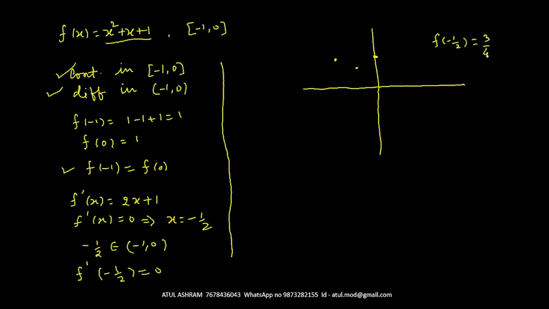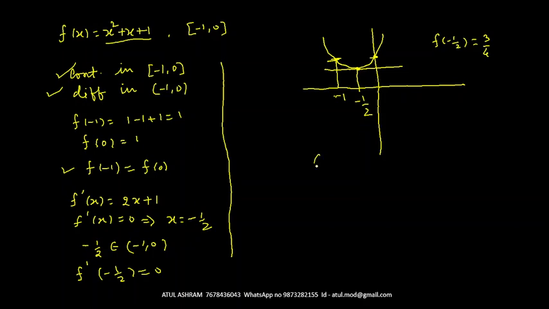You can check it. So the graph goes like this. Upward concave parabola. At minus 1 it is 1, at 0 it is 1, and at minus 1 by 2 the tangent is parallel to the x-axis. Okay, that means the derivative is 0 at this point.